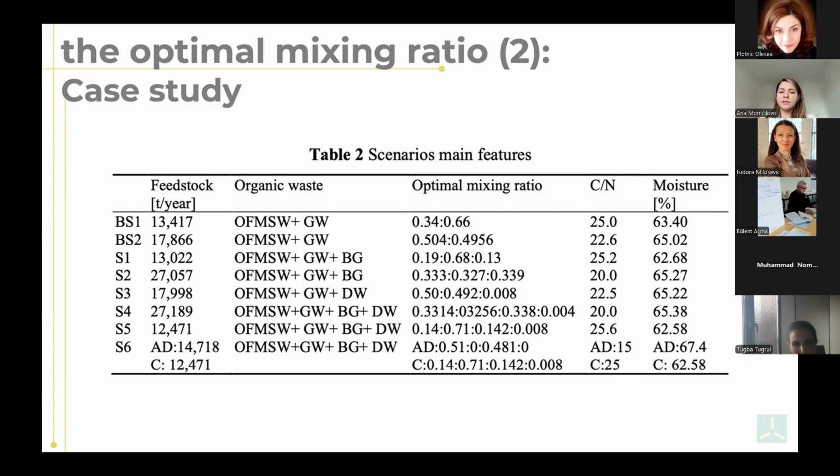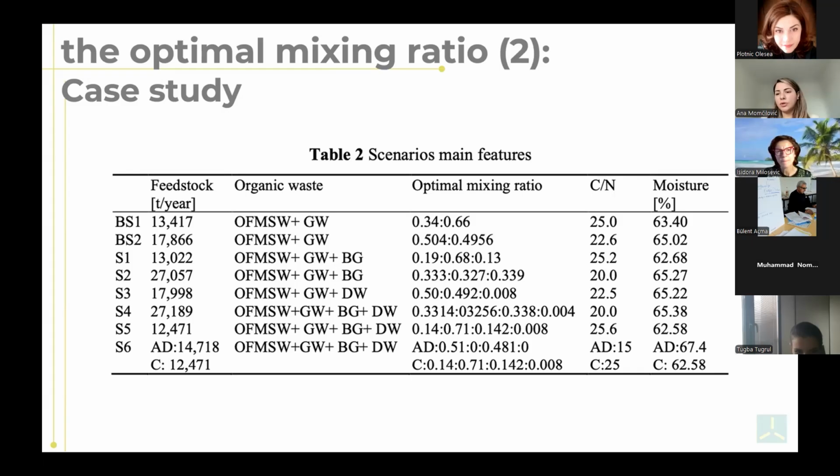Then we started adding different substrates to the model. Then we have three different scenarios that include three substrates, and then three that include all four substrates found in the area. And the last one includes both anaerobic digestion and composting.